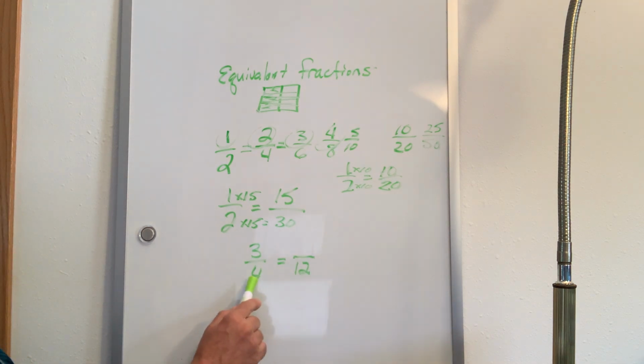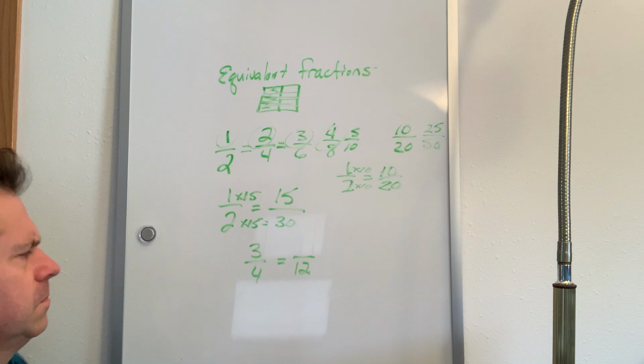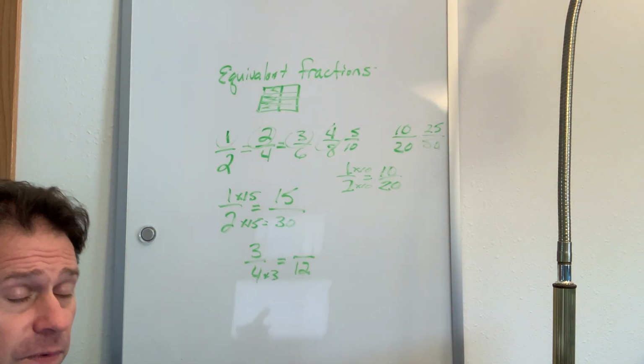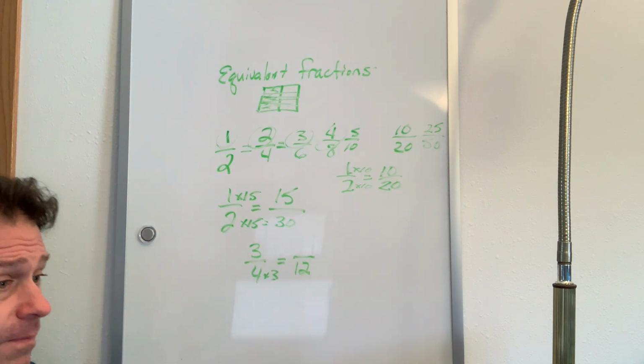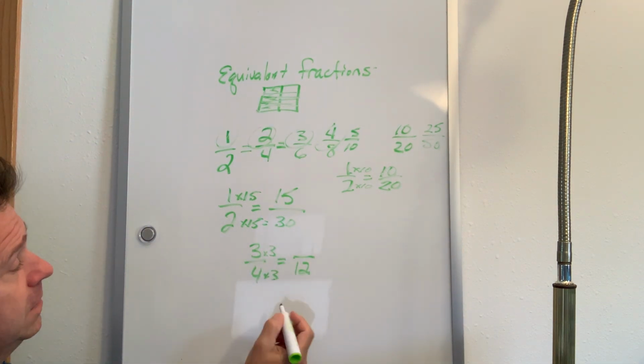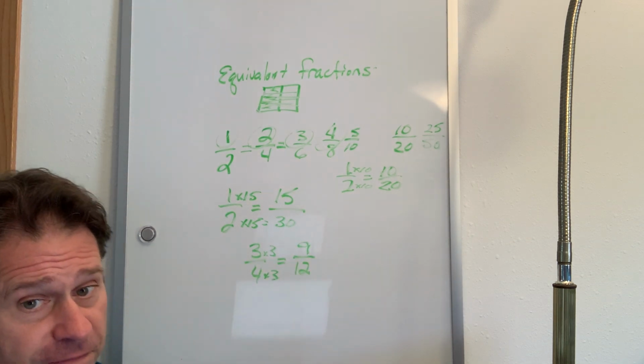Let me take you through. 9/12. Yeah. If you take 4 times what is 12? 3. And then, because I want to make it equivalent, I need to multiply the top by the same number as the bottom, right? So then you took 3 times 3. You got 9. 9/12. So 3/4, 9/12 equivalent fractions.